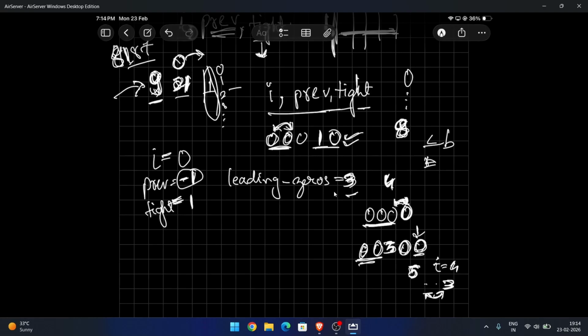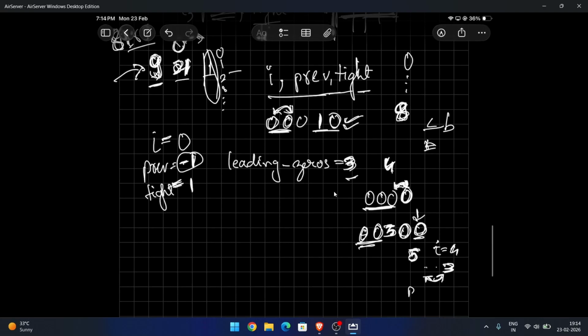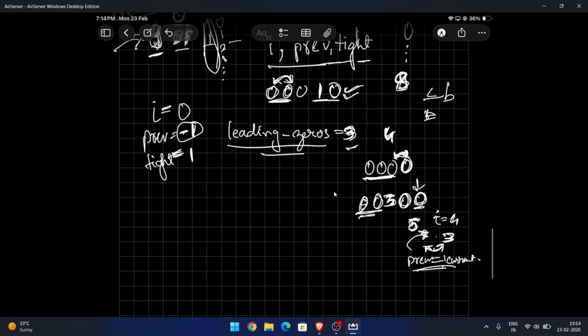Then we don't have to look for the condition that previous should not be equal to current. This can override that condition. That's why we need one more variable for the sole exception of zeros.